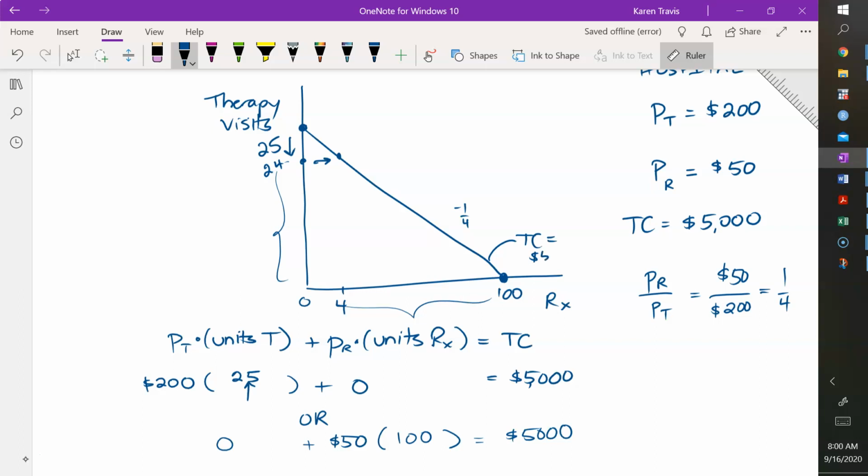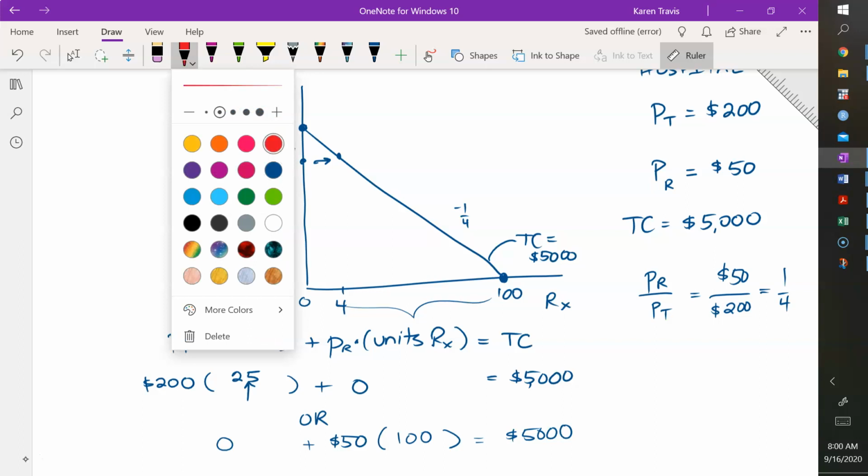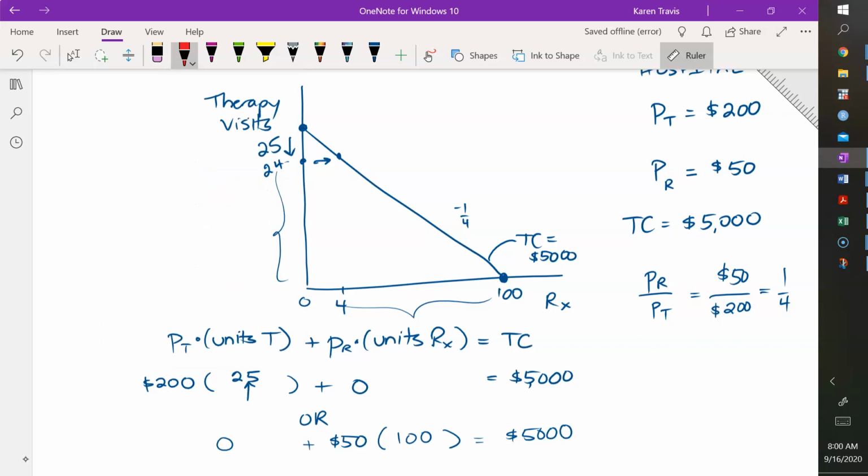Now another thing about the ISA cost is this one obviously has a total cost of $5,000. But let's suppose that we are going to spend more than that. If the prices are the same and we're going to spend more than that, let's suppose we're going to spend twice as much.